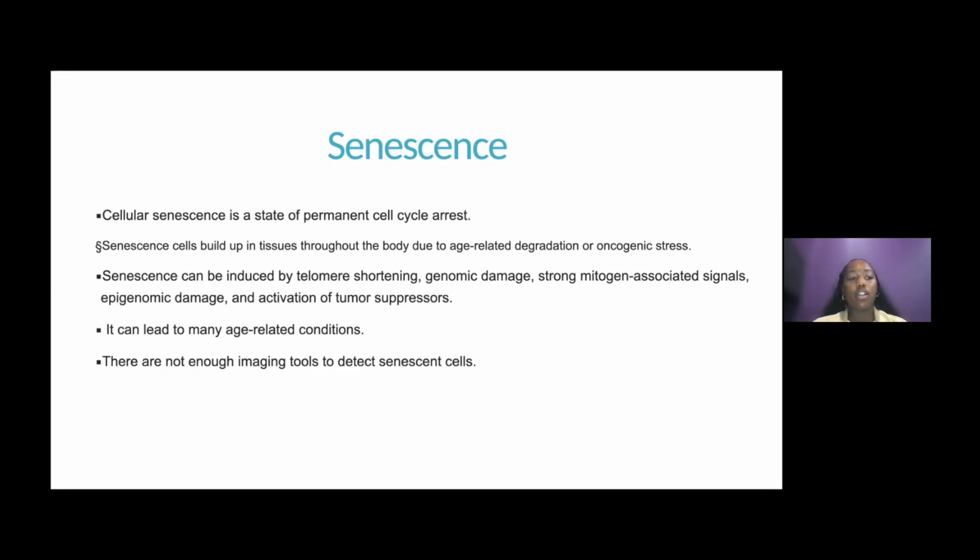So this can cause a buildup of the cells that release chemicals that can later lead to age-related disease and conditions. Senescence can be induced by telomere shortening, genomic damage, strong mitogen-associated signals, epigenomic damage, and activation of tumor suppressors. Part of the motive behind this research is that there aren't enough imaging tools to detect senescent cells.